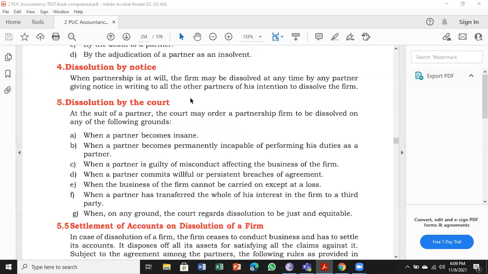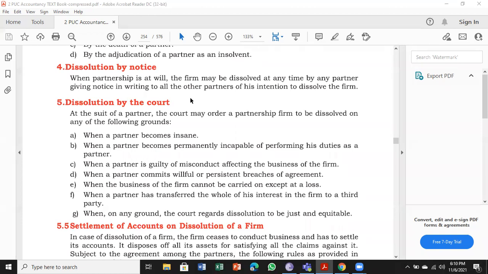That means whenever any partner of a firm gives a notice to the other partners in writing that he is not interested to continue the business and he is interested to close the business, then after receiving the notice, if all the other partners agree, the business may be closed. That is called dissolution by notice.